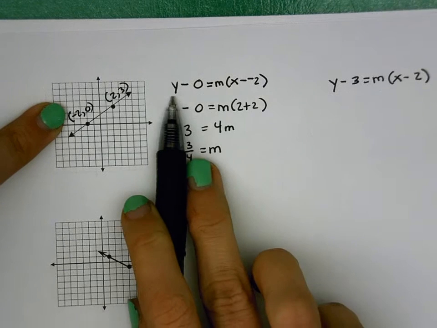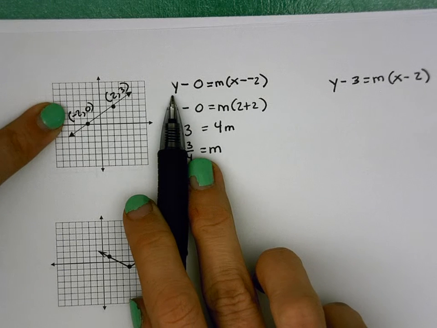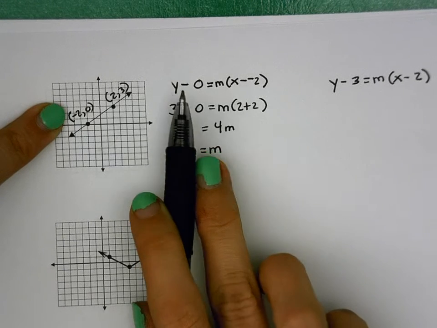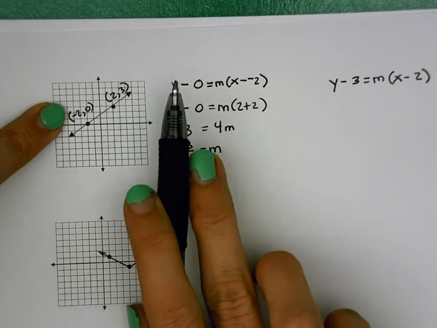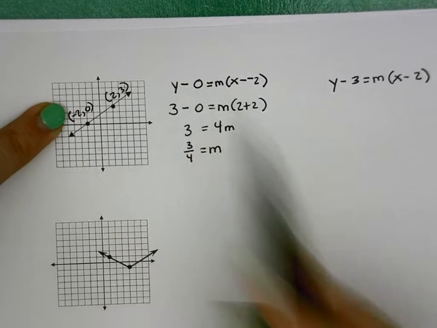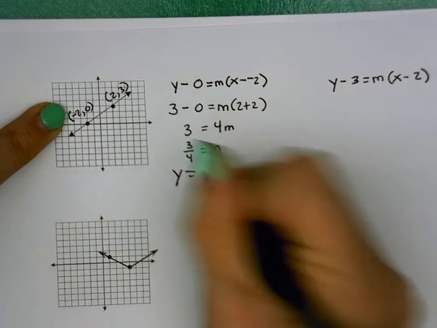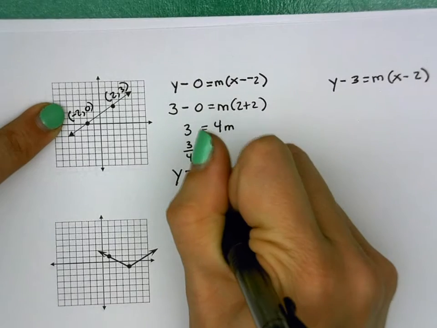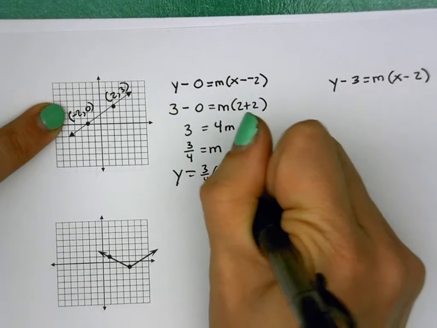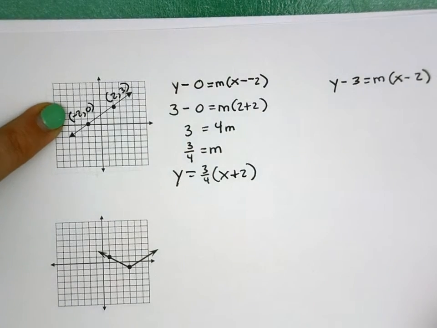And so my final equation would be y minus 0, or y, equals 3/4 times x, either minus -2 or plus 2.